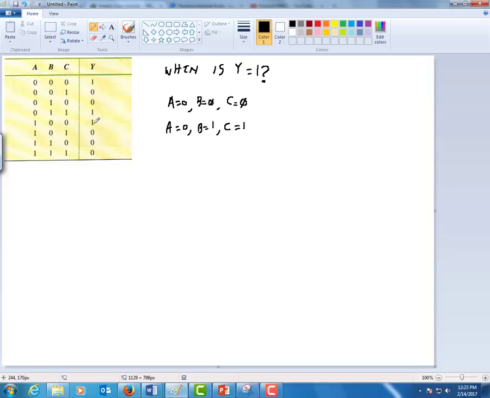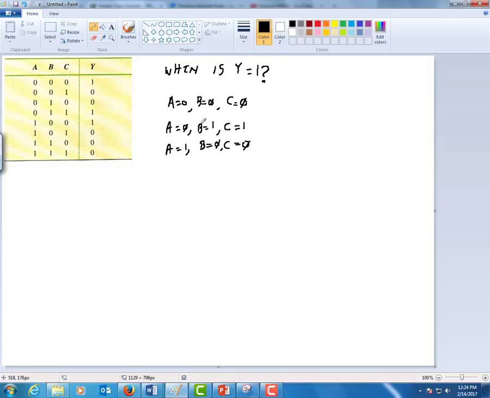It's also equal to 1 when A is equal to 1, and B and C are equal to 0. I just draw slashes through my zeros generally. That's just how I do that. So there are 3 unique cases here when y is equal to 1.